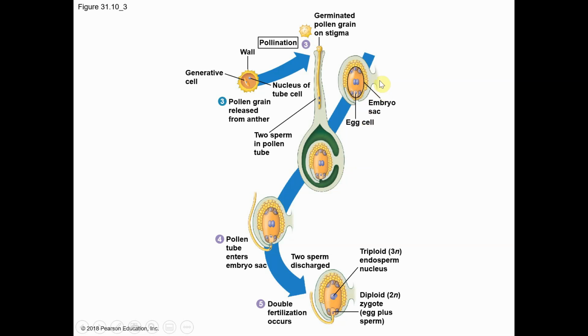Here you can see the female portion, the embryo sac. Inside there's the egg cell, and then there's also the central cell, which is in purple here. Moving down the style, the pollen tube eventually reaches the ovary, where it goes to one ovule. In that ovule, one of those sperm will fuse with the egg and make the zygote.